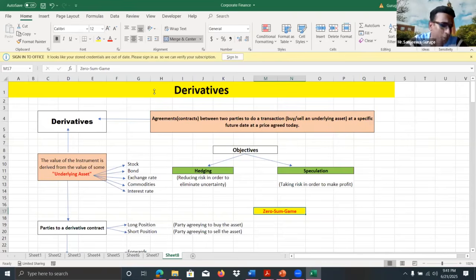But it's very good that you all very actively participated. I'm quite happy. That's why I always prefer to do sessions for my profession as a chartered accountant.